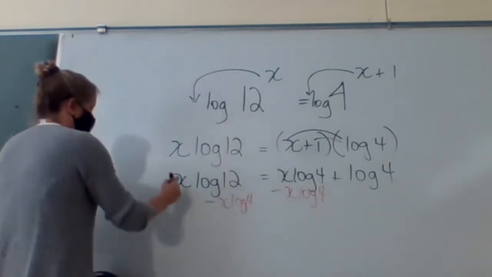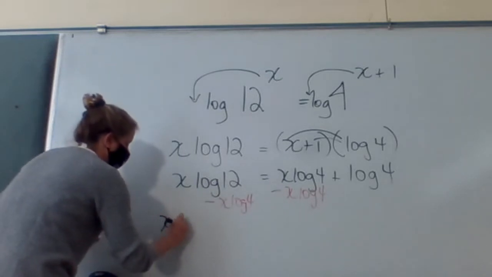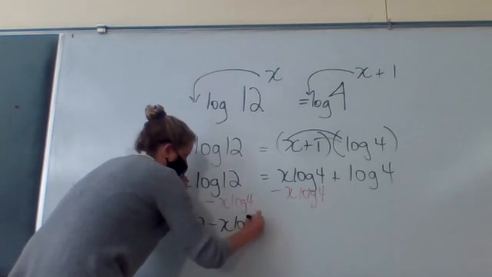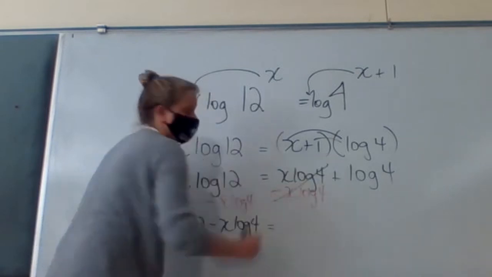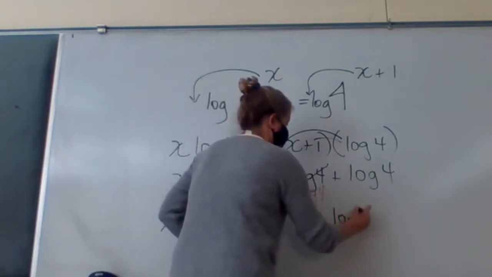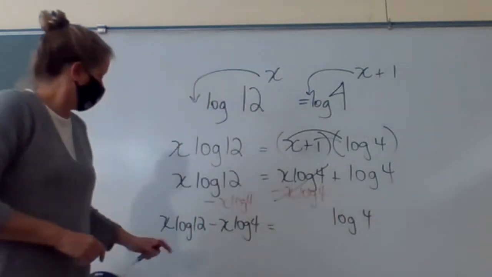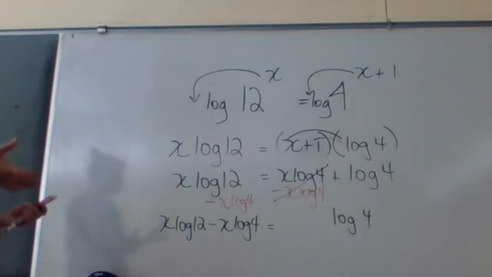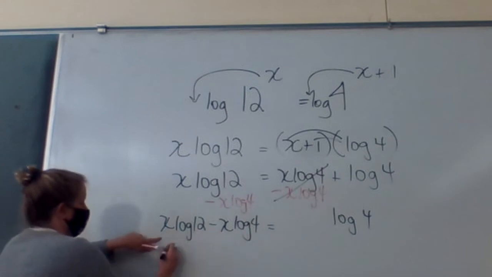So let's see now. On the left, I have x log 12 minus x log 4. On the right, I've got log 4. So now that I have both of my x terms on the left, since they are both terms, that's a greatest common factor, which means I can pull the x out.